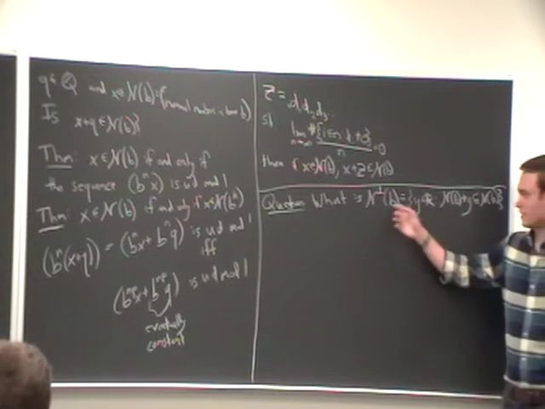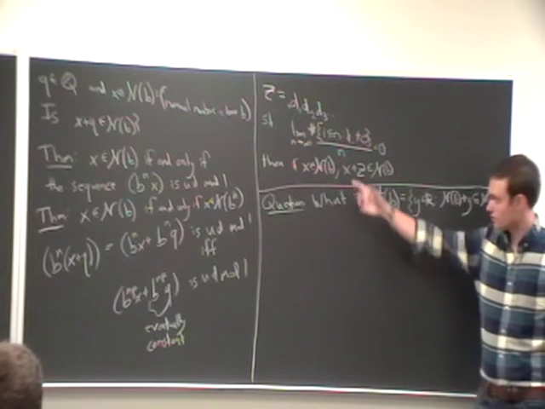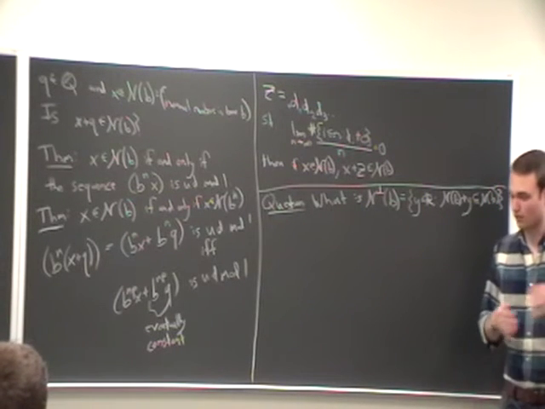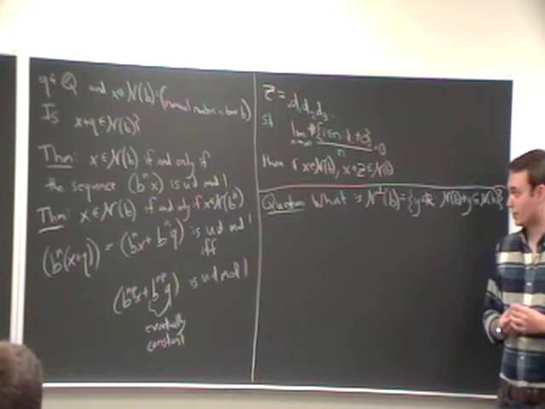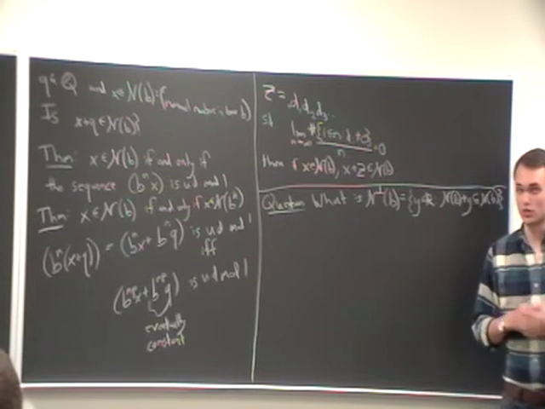So can we describe the set N perp of B? We know it contains the rationals, and we know it contains real numbers which have non-zero digits along a set of density 0, but can we get a full classification?